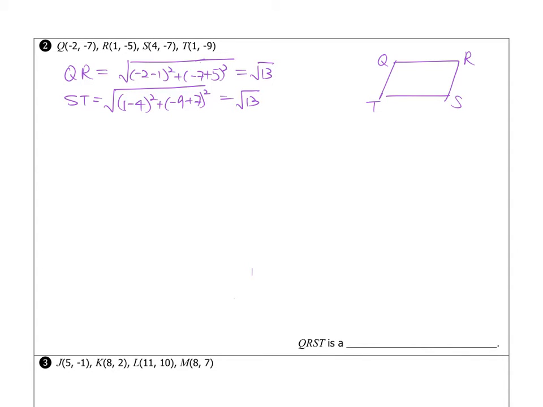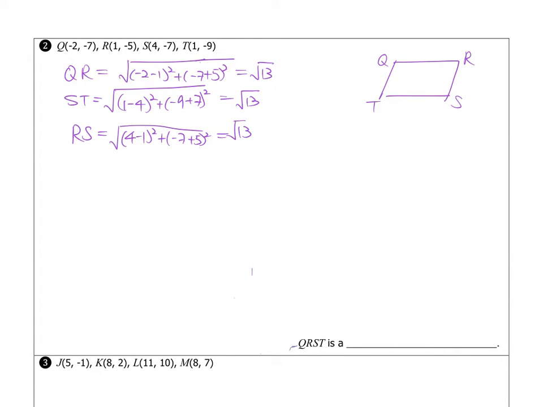And now I'm going to look at RS. RS is 4 minus 1 squared plus -7 minus -5, which is plus 5. And that should give me, this is looking promising, doesn't it?